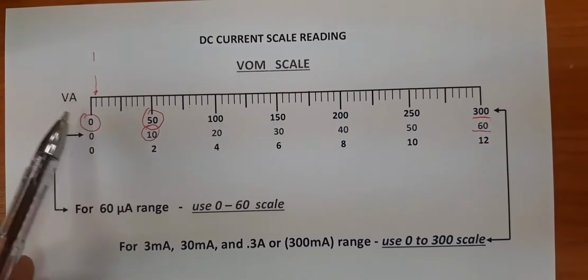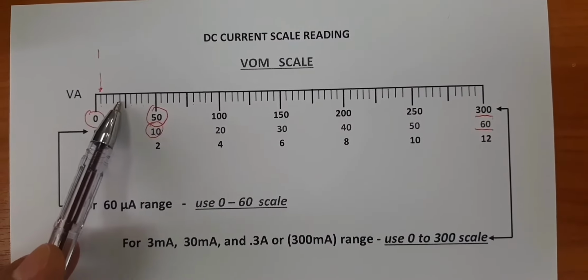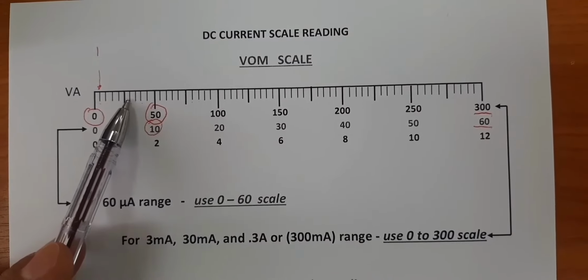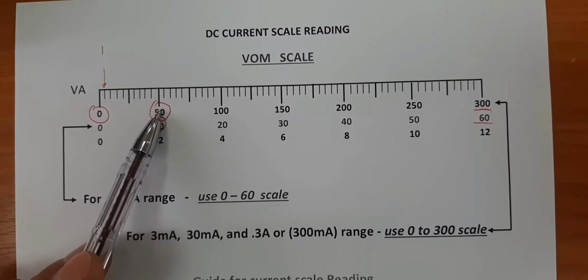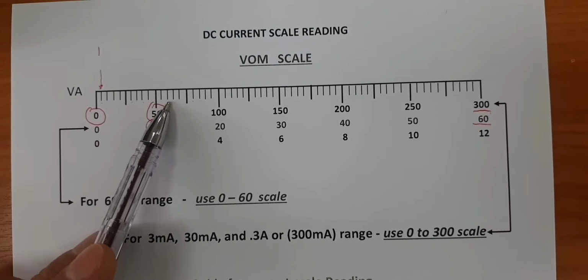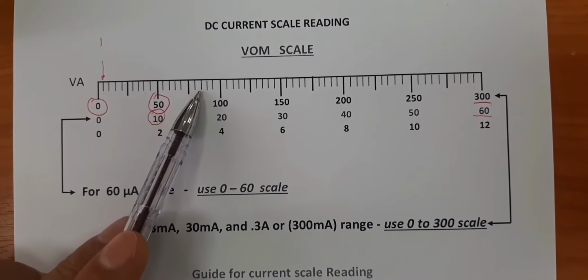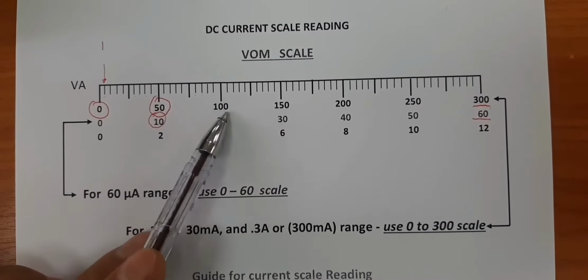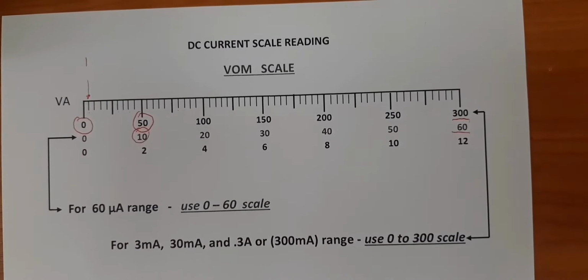For example, this is 5, 10, 15, 20, 25, 30, and so on until you reach 300.